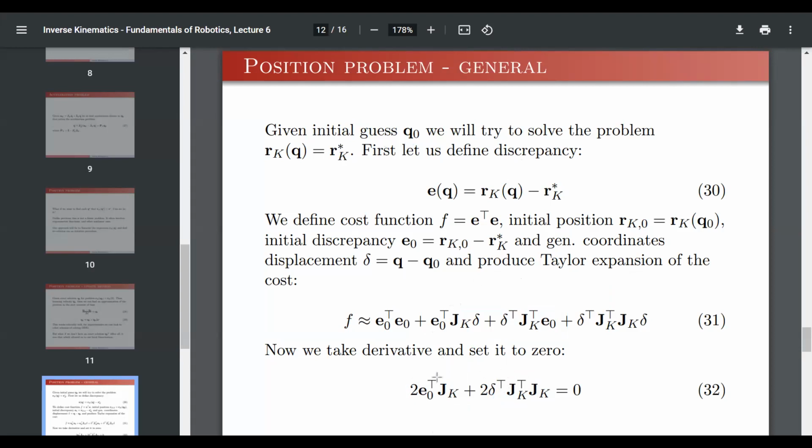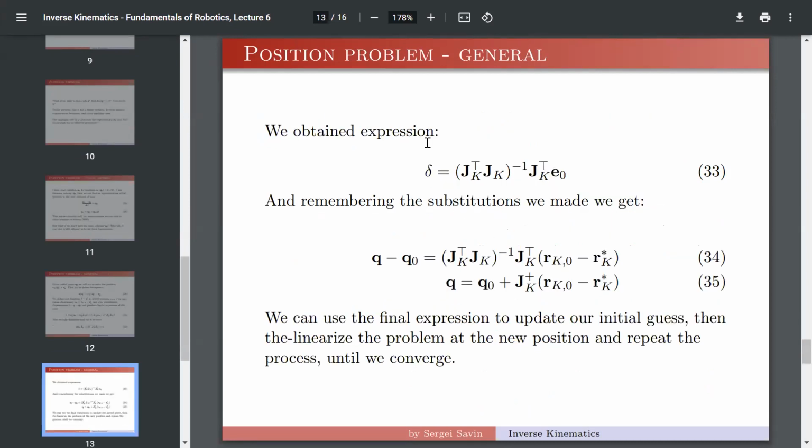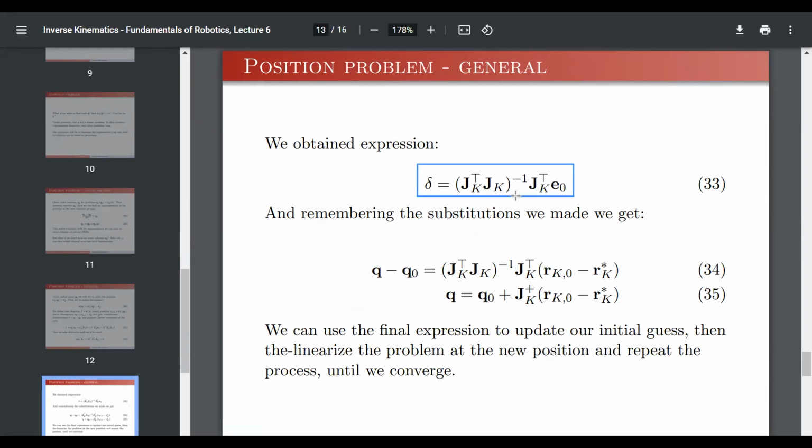So when we transpose both of them, E will no longer be transposed, J will become transposed, this will stay the same because it's symmetric, Q will go to the right, and we get rid of 2's. Yeah, this is standard procedure. We did it exactly the same way yesterday and today with N. All right, so the answer is this, right? We get J minus 1, J transpose E0.